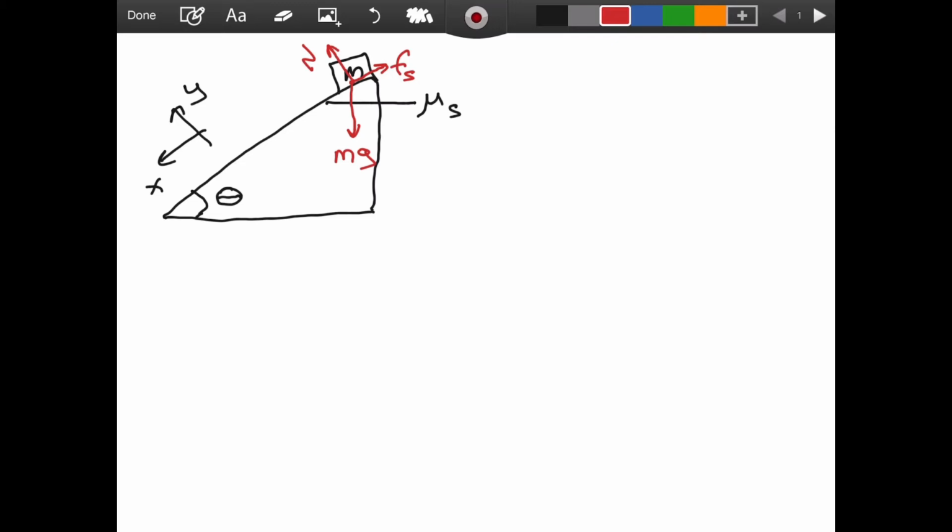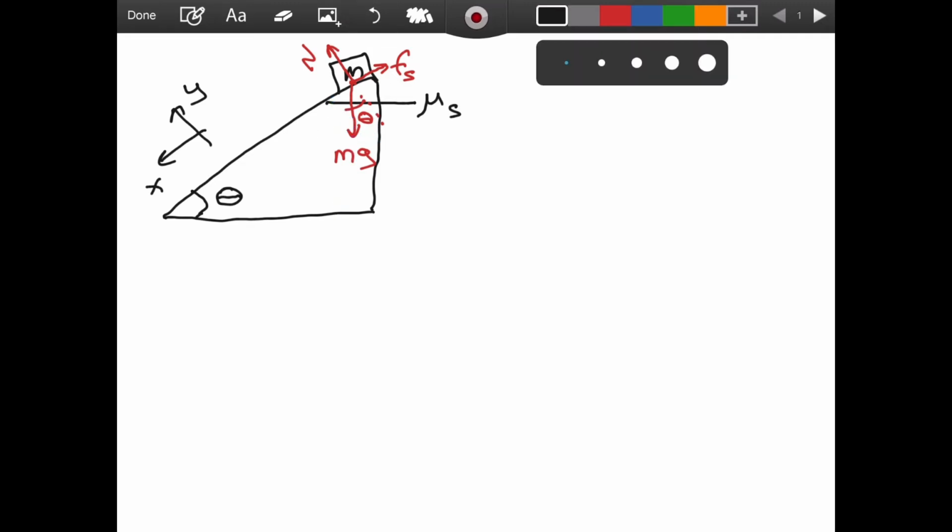And notice that this angle right here will be theta as well, because if you complete this to a right triangle, you see that this angle is 90 degrees minus theta. So this one should be theta to make it its complementary angle, right? So let's erase these. We don't need them anymore.